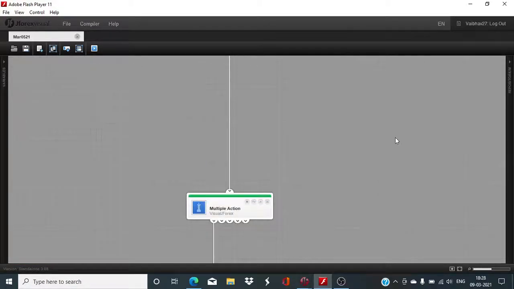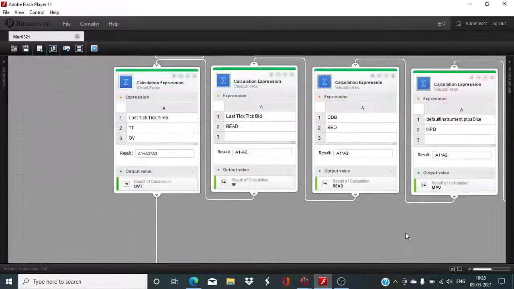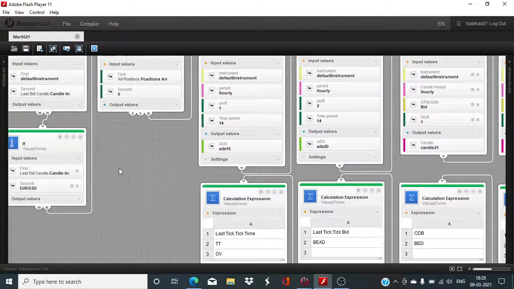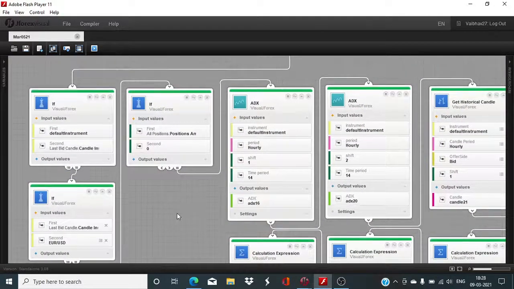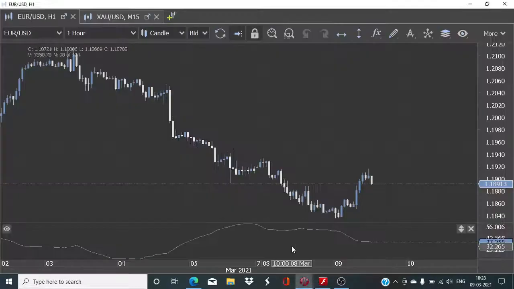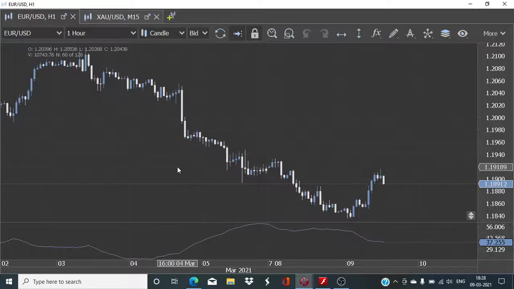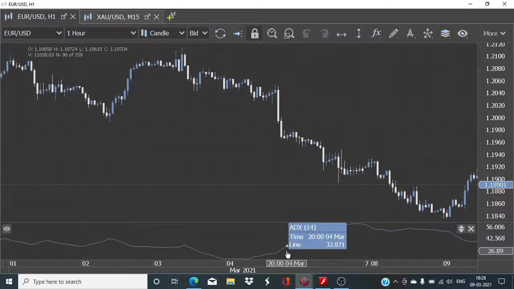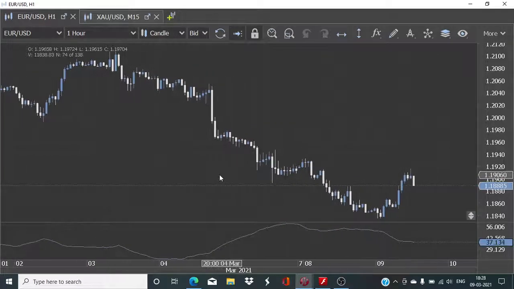Now, let us start with the sell side. For that, I will also explain to you on the chart what is the requirement for the execution of the sell trade. So we need the ADX to be rising. ADX gives us the idea of the strength of the trend. So whether it is a bullish trend or bearish trend, it doesn't matter.